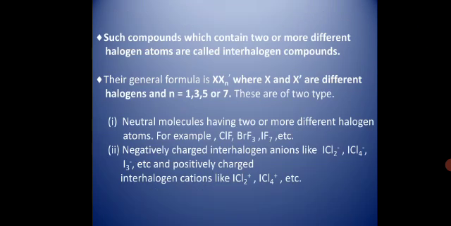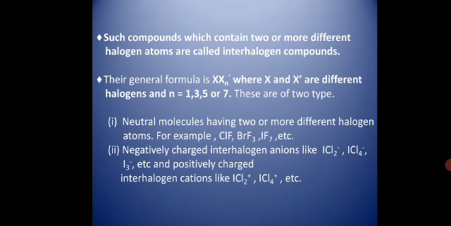These compounds are called interhalogen compounds. Like we can have ClF, BrF, BrCl, ClF3, BrF3, ICl3, BrF5, IF5, IF7. All these come under interhalogen compounds.